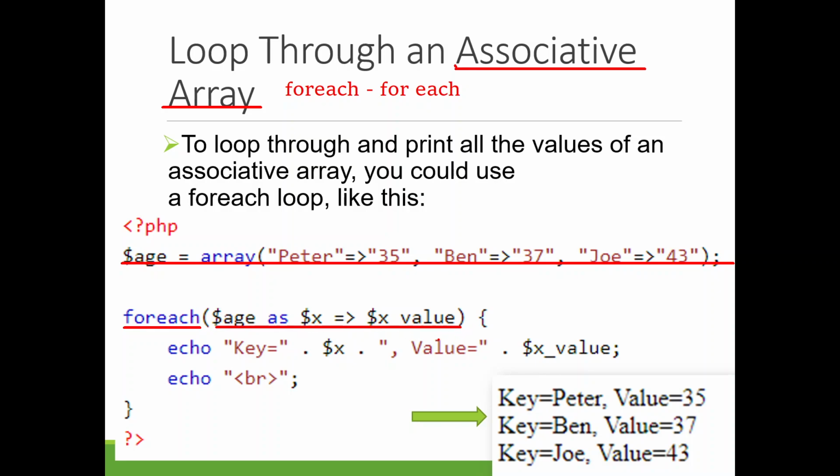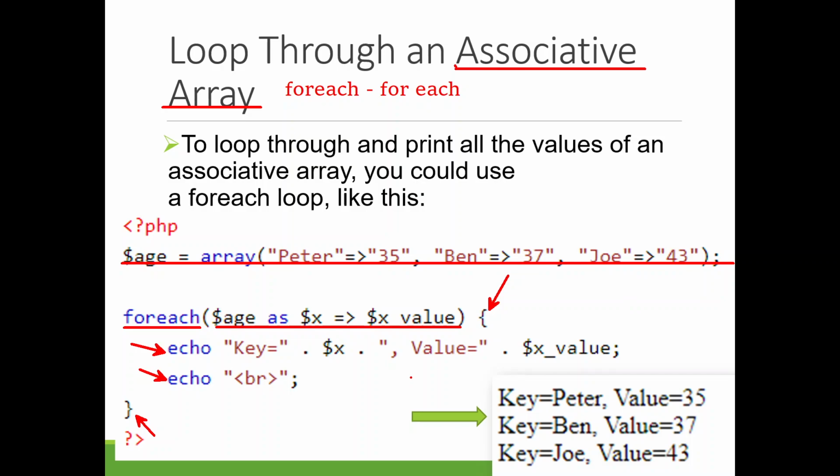Ignore this part first. Every other part is just like the for loop. You see, we have an opening curly bracket and a closing curly bracket, then whichever code you want to execute repeatedly. Now, unlike the for loop, here we don't have an initialization, we don't have an update, and we don't have a condition. So that's why this looping function foreach is used to loop through an associative array.